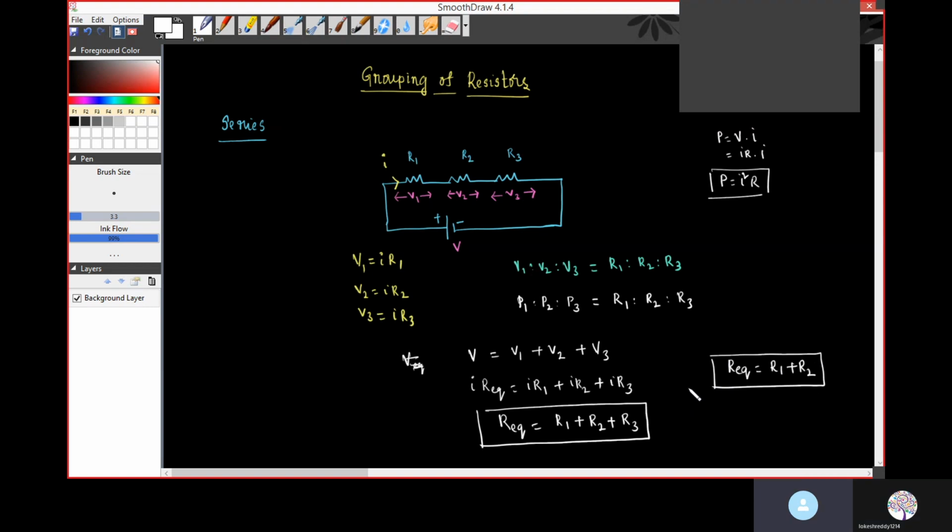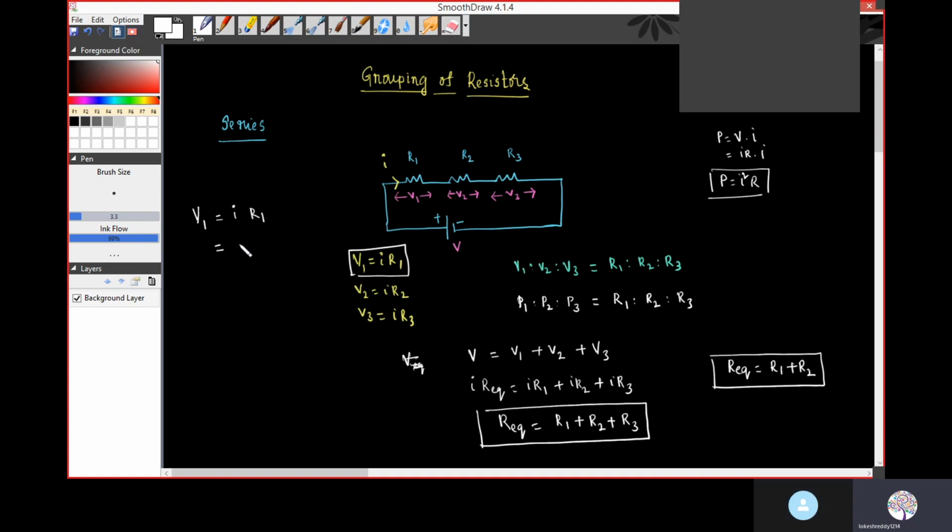Now, potential difference across any resistance. For example, if you want V1, I will pick V1 is equal to I into R1. But what is I?